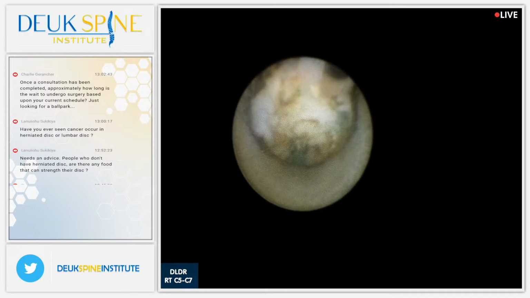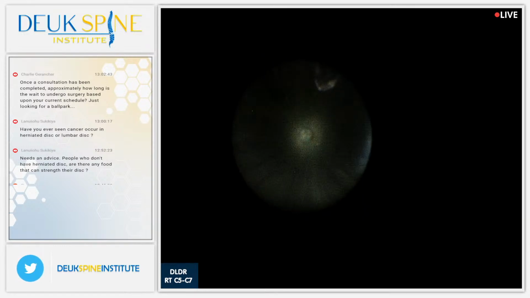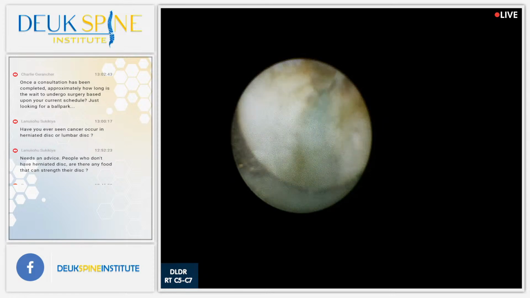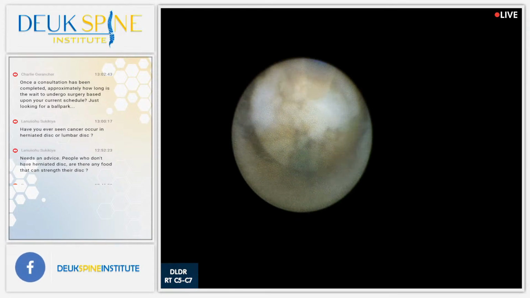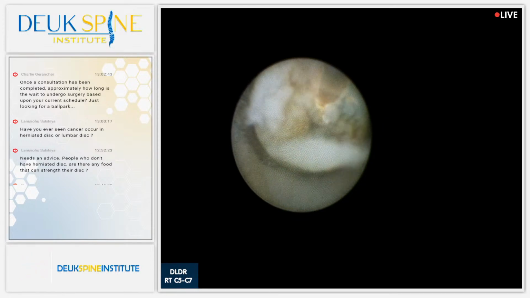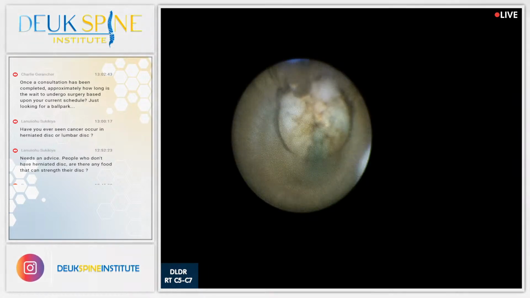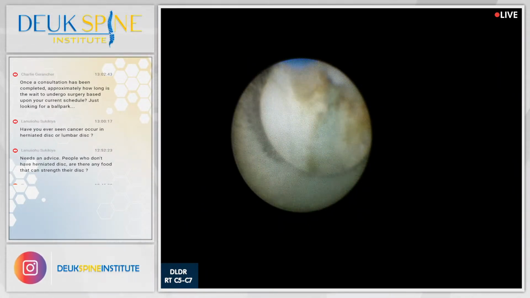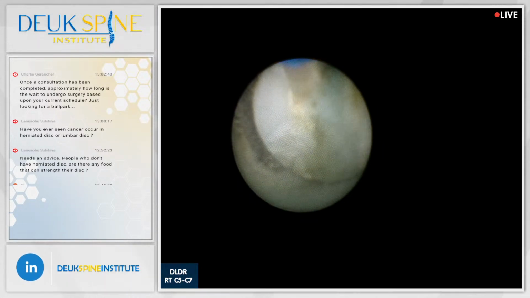What's the next case? It's a cervical again. You've got 3 cervicals in a row. 4-level lumbar? Really?